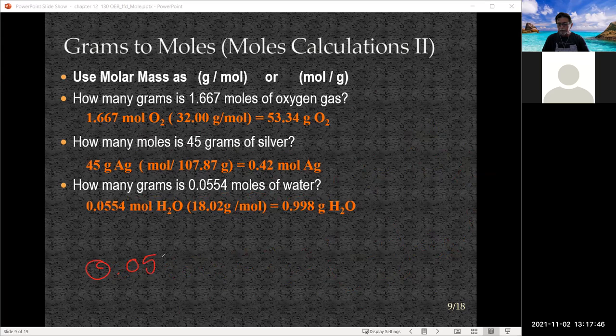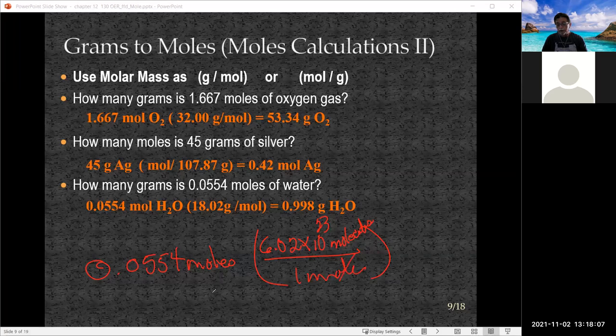Yeah, I can take the 0.0554 moles of water, and you might want to do that as an exercise, and multiply that by Avogadro's number, and that's molecules here, because we're working with molecules, but it could have been bananas if we were working with bananas, okay? Per 1 mole. And even with that small amount of water, almost 1 gram, you can see that you have a ton of water molecules in it.